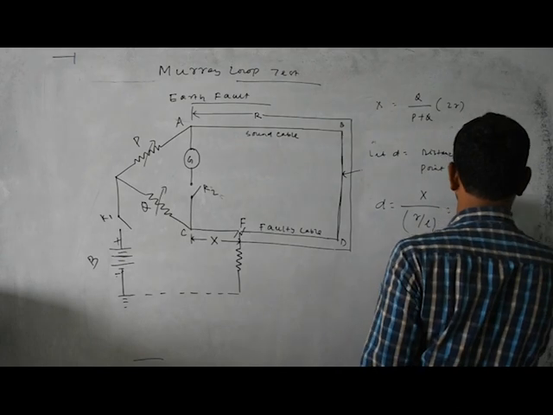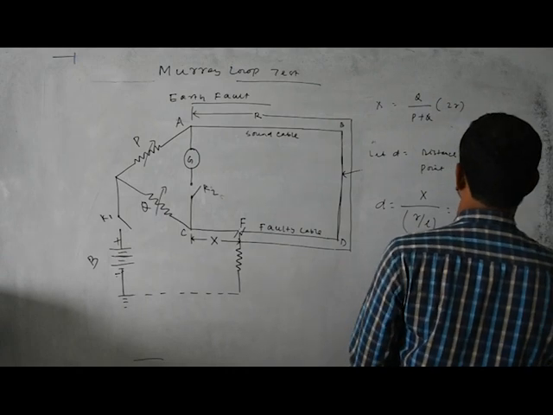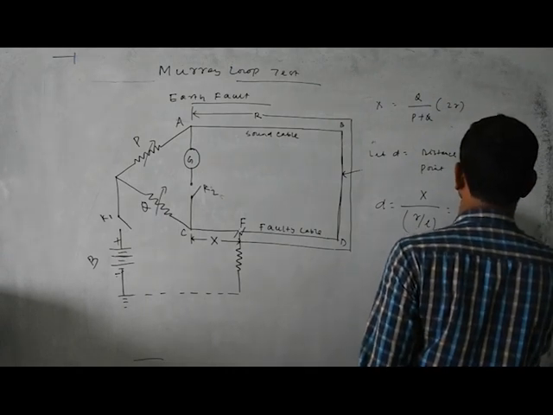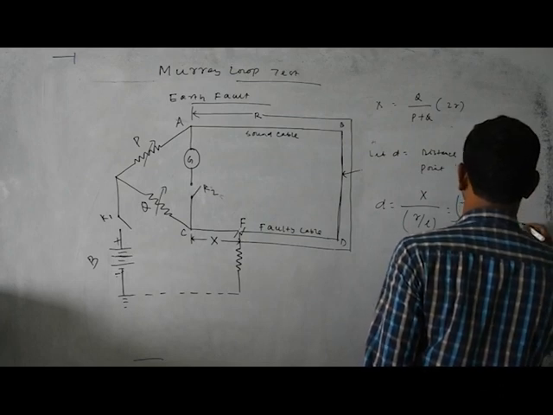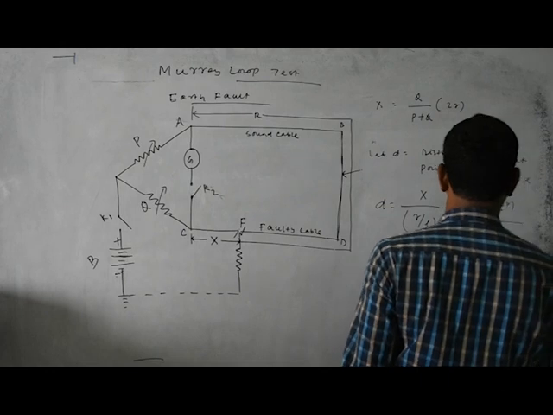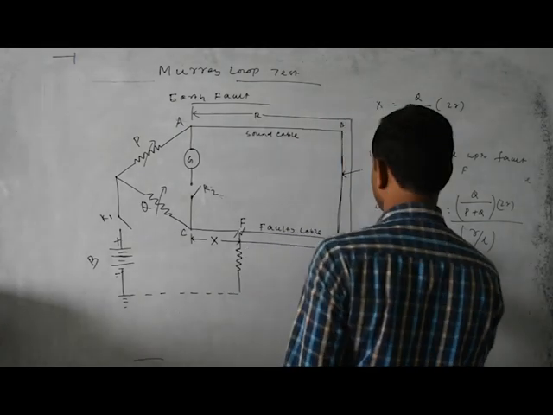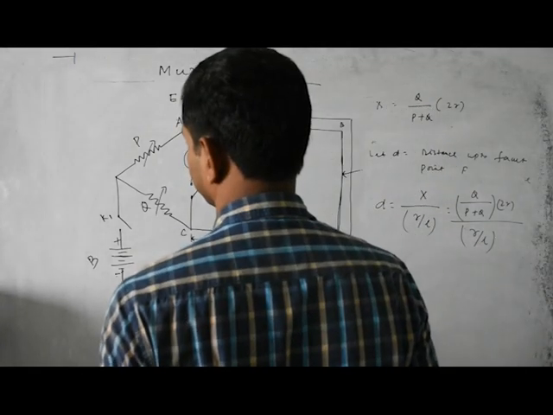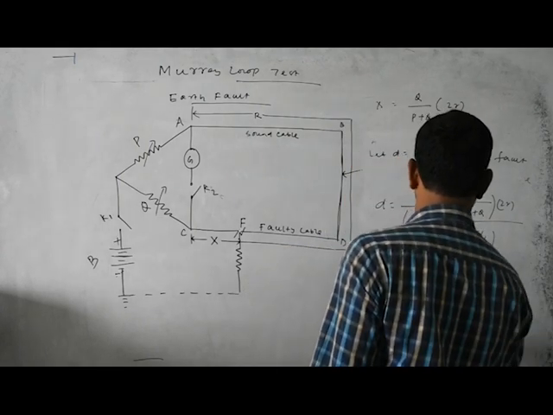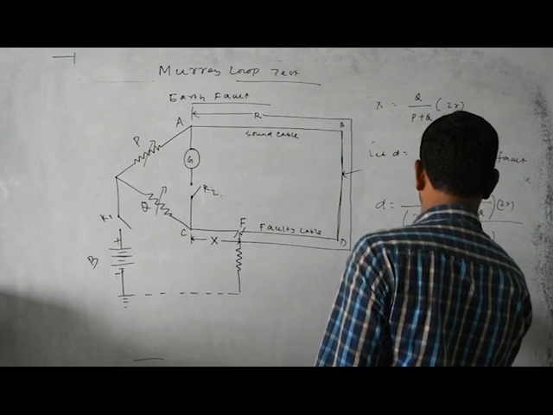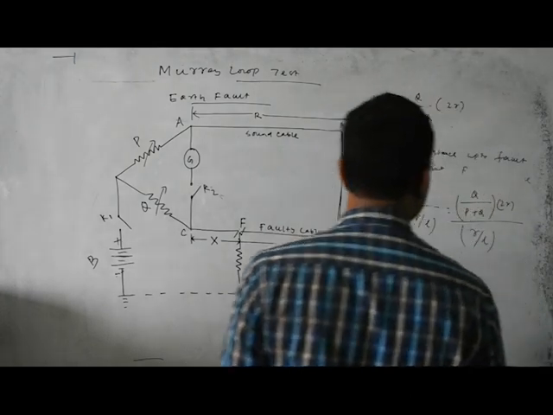So putting in this X, X equals Q by P plus Q into 2R, divided by R by L. Now you solve: Q by P plus Q, and R will be cancelled.